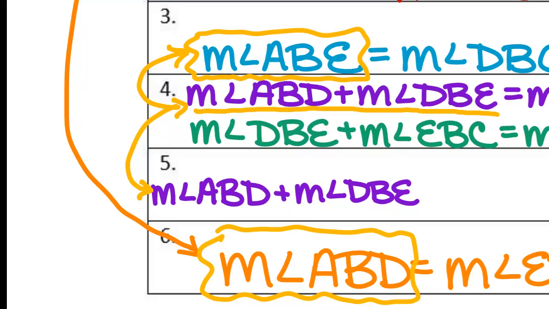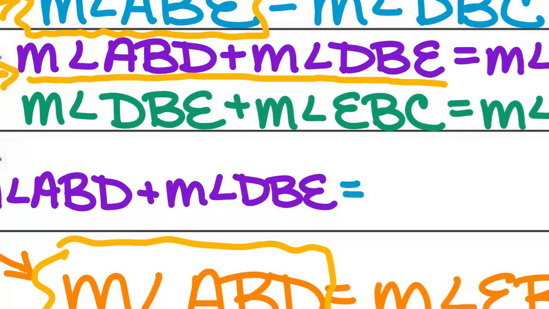So ABE is the same as ABD plus DBE, so I put it in that spot. What am I using to be able to do that? Substitution.